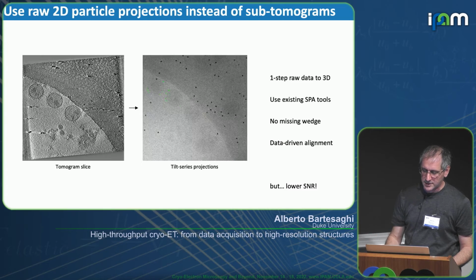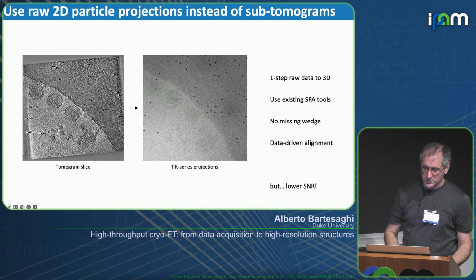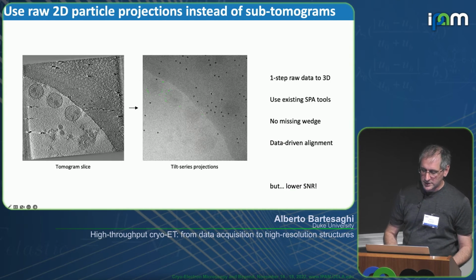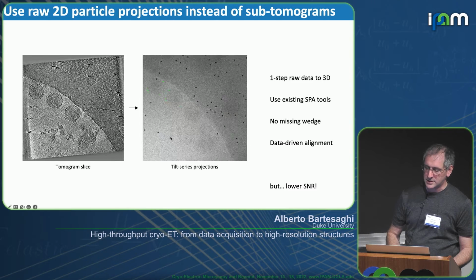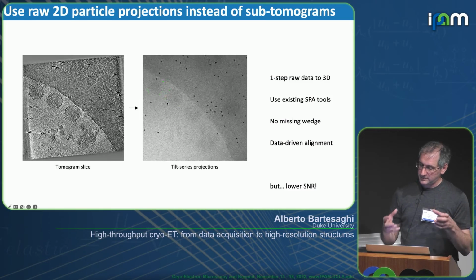Today, I think most people are doing this not by looking at sub-tomograms, but by looking at the 2D projections from the tilt series. This is showing a tomogram of HIV viruses. You can select, in this case, a spike protein in 3D, and then look at the raw tilt series and pinpoint back the locations of those particles in the 2D projections. And there are a lot of benefits to doing that.